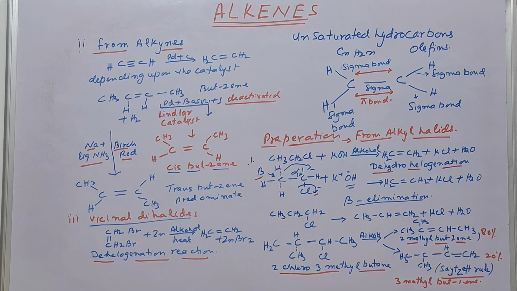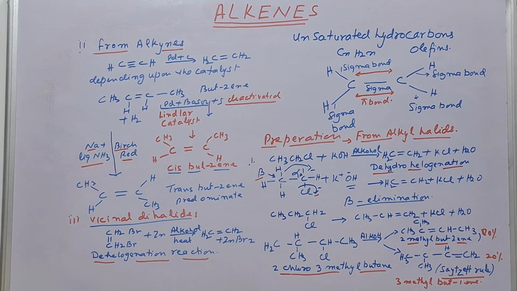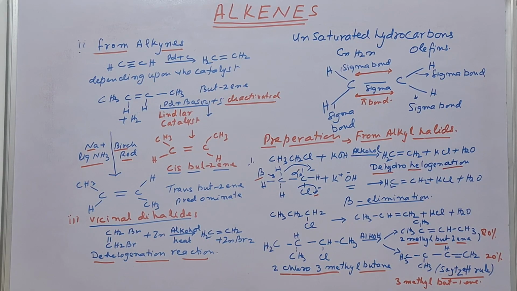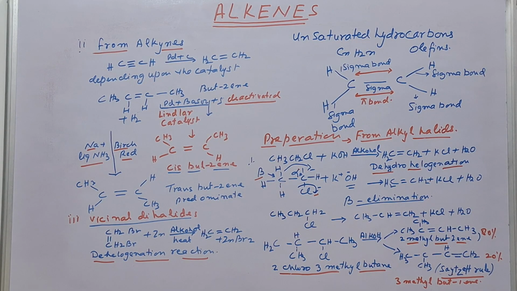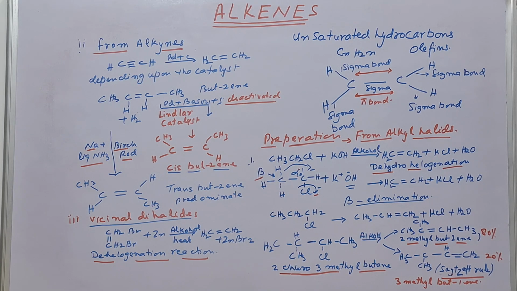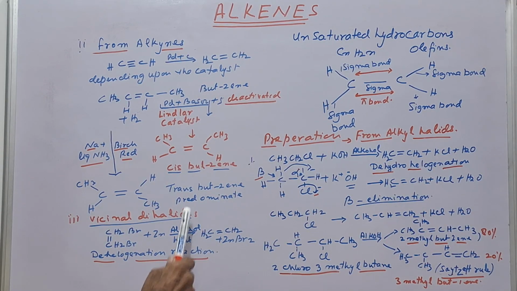Now when we take another catalyst, that is the Birch reduction, in this case sodium with liquid ammonia is taken as a catalyst. Sodium and liquid ammonia, that is known as the Birch reduction, forms trans-but-2-ene and this trans-but-2-ene predominates.